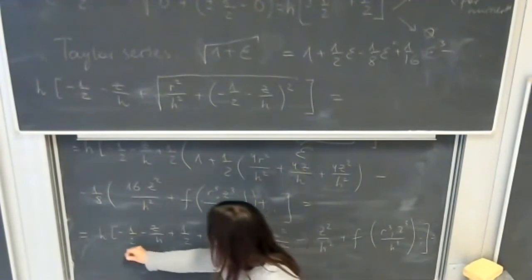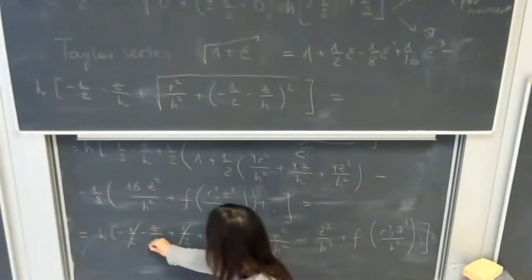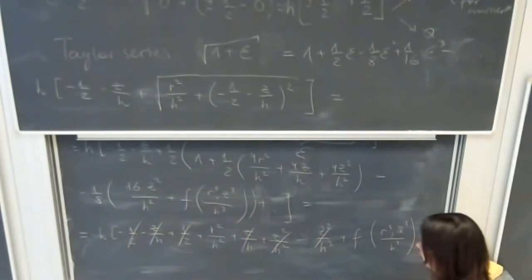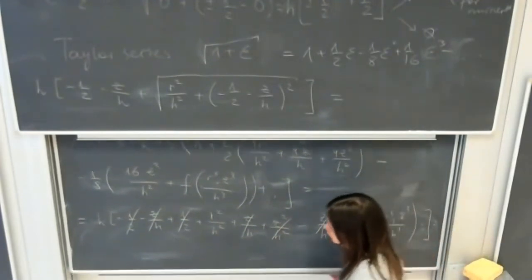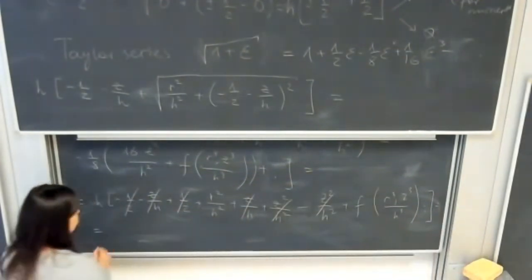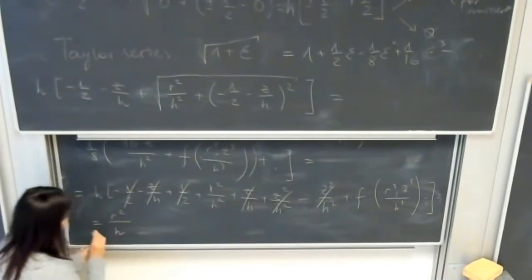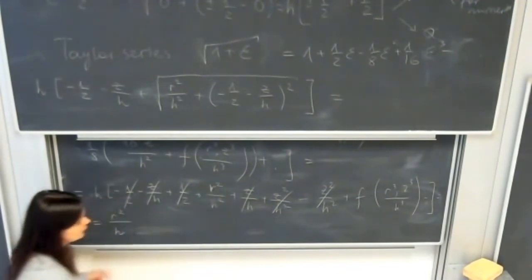So this and this can cancel, this and this. Great. The answer for the numerator is r squared divided by h, this h times the rest.